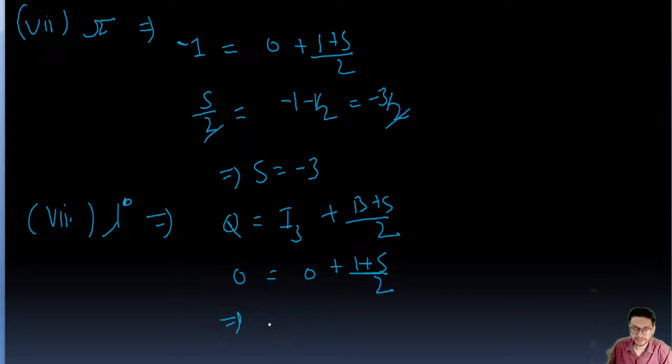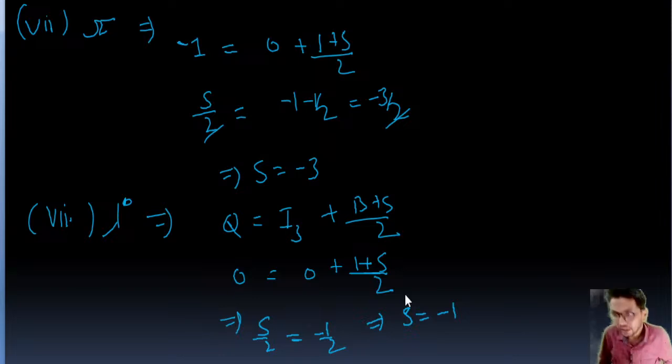So from here you can get the value of S by 2 equal to minus half. So that implies the value of S equals minus 1. So for lambda naught, it's minus 1.